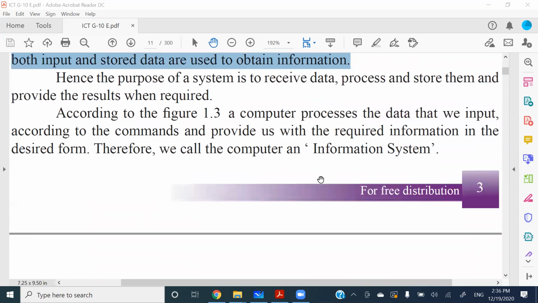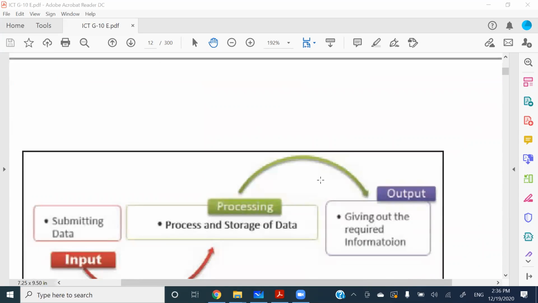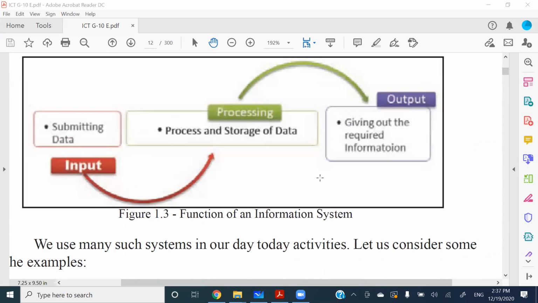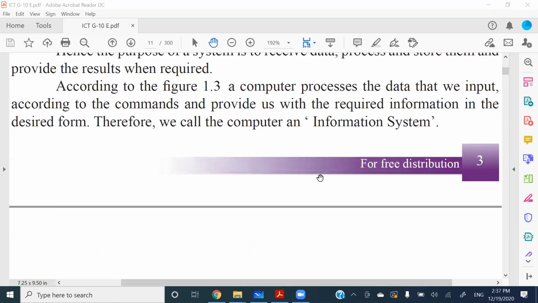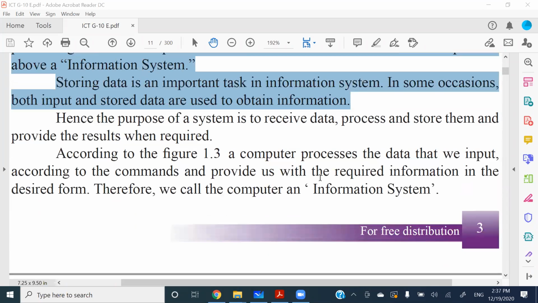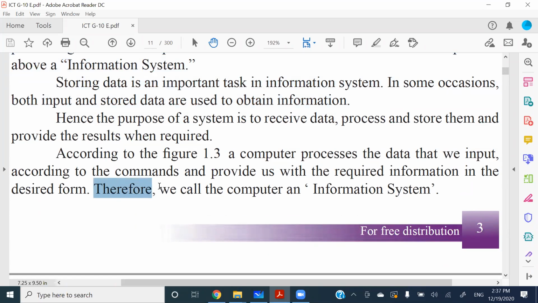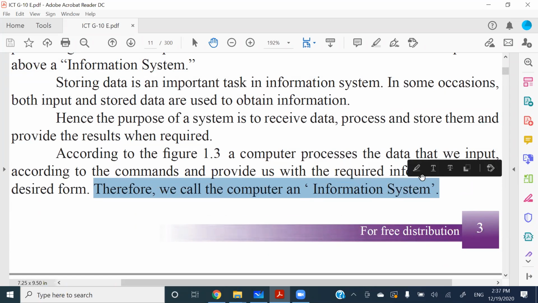Yeah, I want you to draw this particular diagram, right? And people, before we jump into that, it's better you write this particular sentence. It doesn't matter if you have the 'therefore', because you have the above points to justify that the computer is an information system. So you can say, therefore, we call the computer an information system.